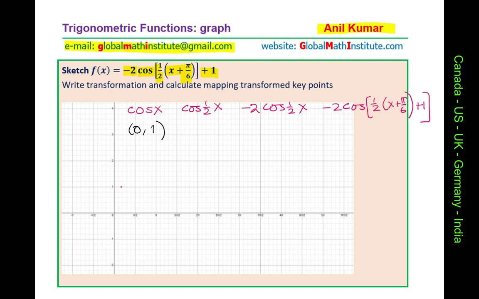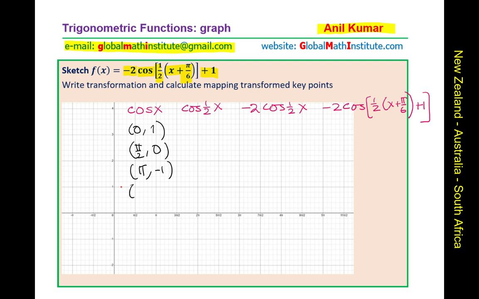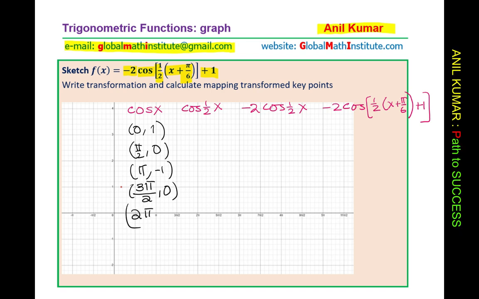And then it goes to 0 for pi by 2. So let me write down the 5 points first. So it'll be at pi by 2, the value will be 0. At pi, it will be minus 1. At 3 pi by 2 is going to be back to 0. And at 2 pi, we'll get again the maximum value of 1.